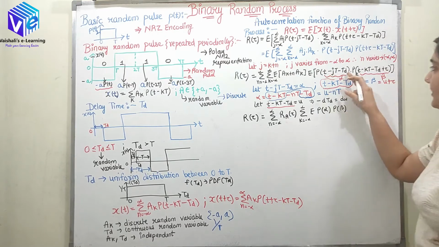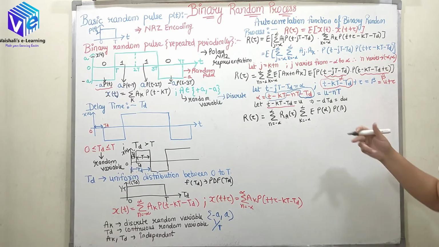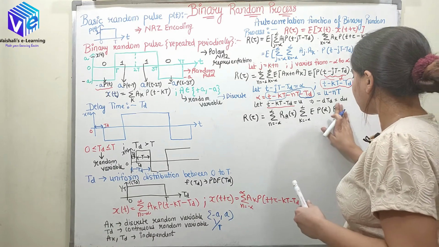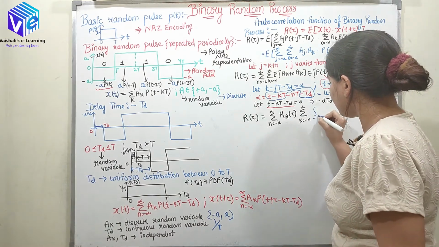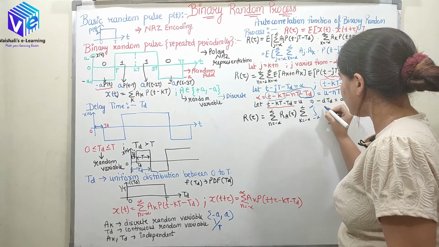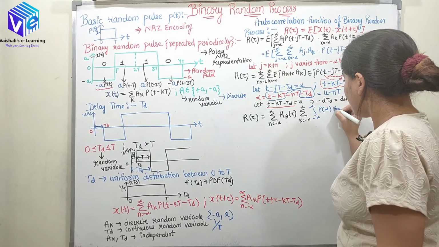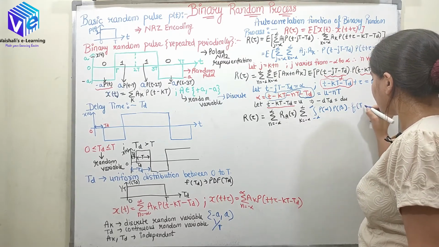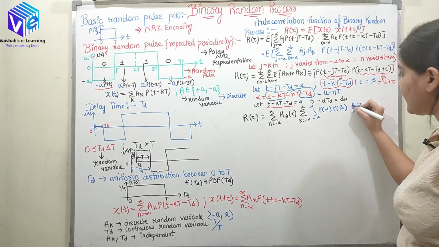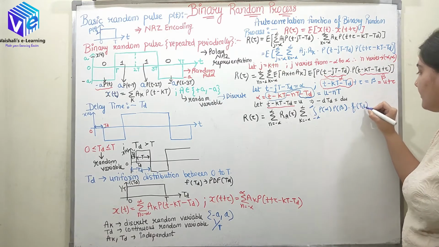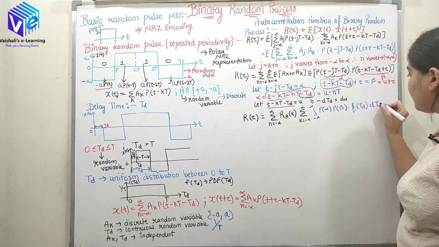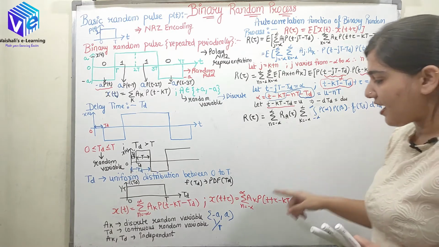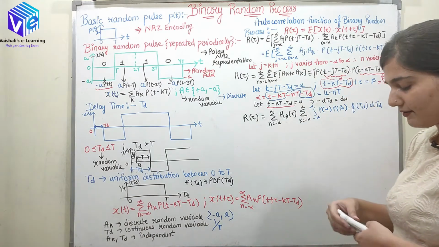I have represented this as alpha and this as beta. What is E? I hope you remember. E can be found by taking the integration from minus infinity to infinity of p(alpha) into p(beta) into f(t_d) dt_d. Here f(t_d) is the PDF in terms of the delay time t_d. Now I know f(t_d). f(t_d) is 1 upon T.